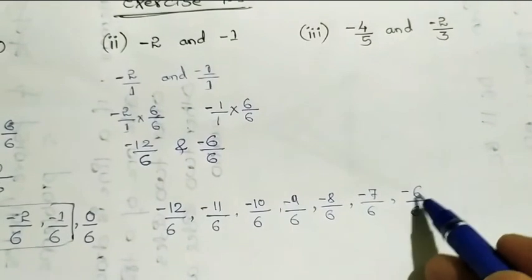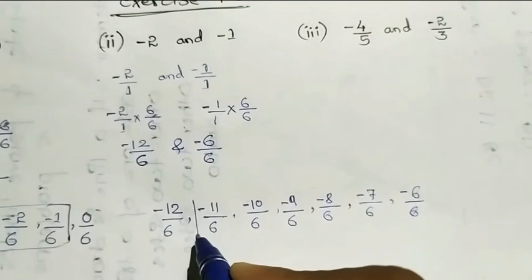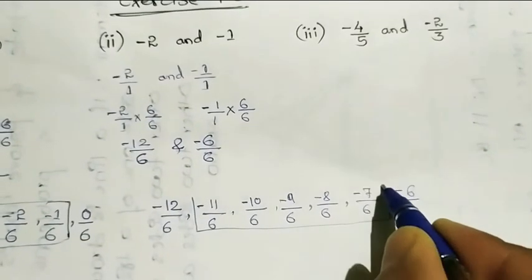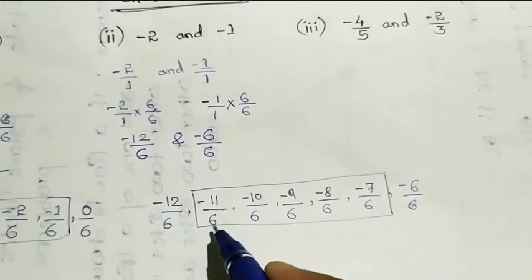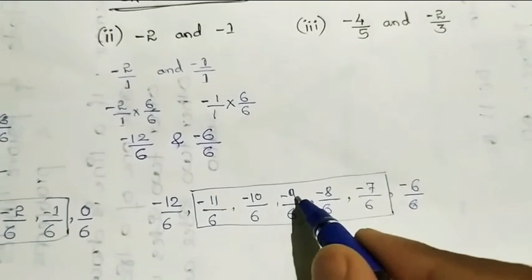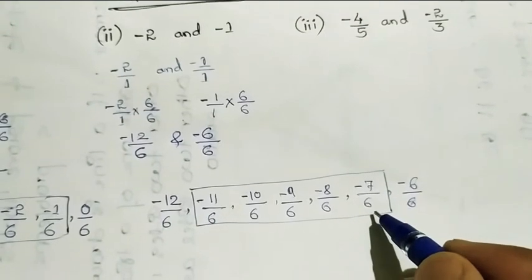See, 6 ones are 6, again we will get -1. So our required rational numbers are -11 by 6, -10 by 6, -9 by 6, -8 by 6 and -7 by 6.